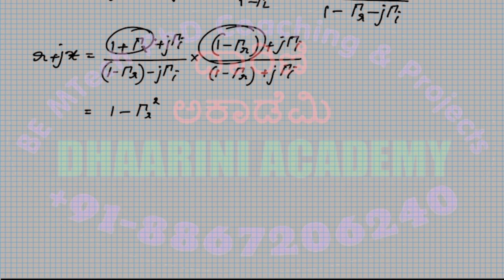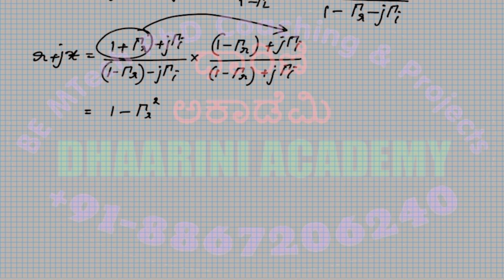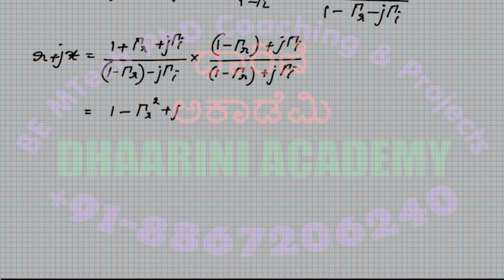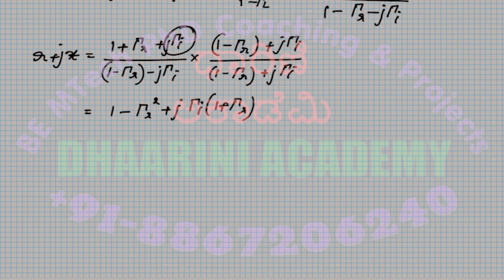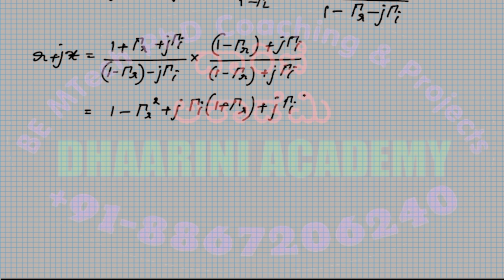Then plus j times gamma I into 1 plus gamma R, plus j times gamma I into 1 minus gamma R, then j square is minus 1, so minus gamma I square.